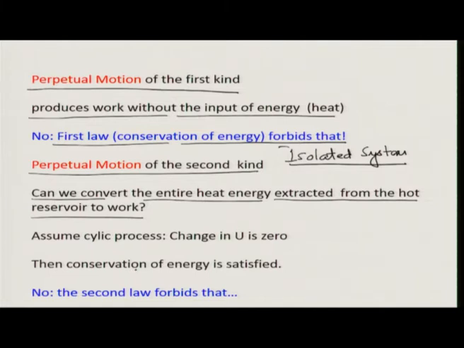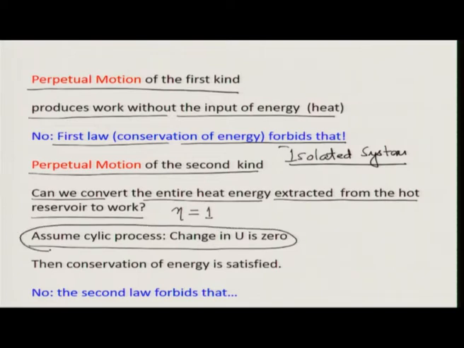I only have a hot reservoir, I am extracting some heat from it and converting the entire amount of heat to work. If that is possible, then the efficiency of an engine will be 1. Remember, we are assuming cyclic processes, so the change in internal energy is 0.